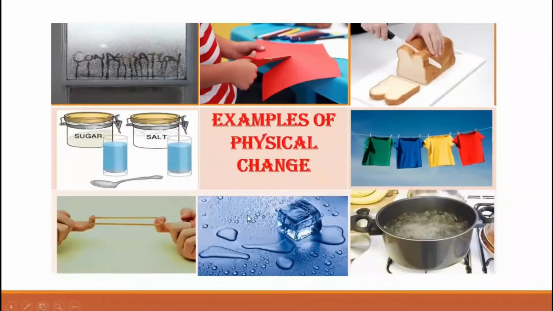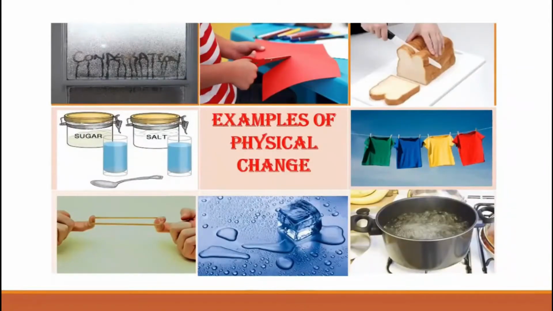Now we will see to describe few examples to make it more clear, like melting of a ice. See, as you can see here, or a freezing of water. Now if you take some ice in a beaker and keep it for some time, what you will see? The ice starts to melt and it changes from a solid state to form a water, means a liquid state.